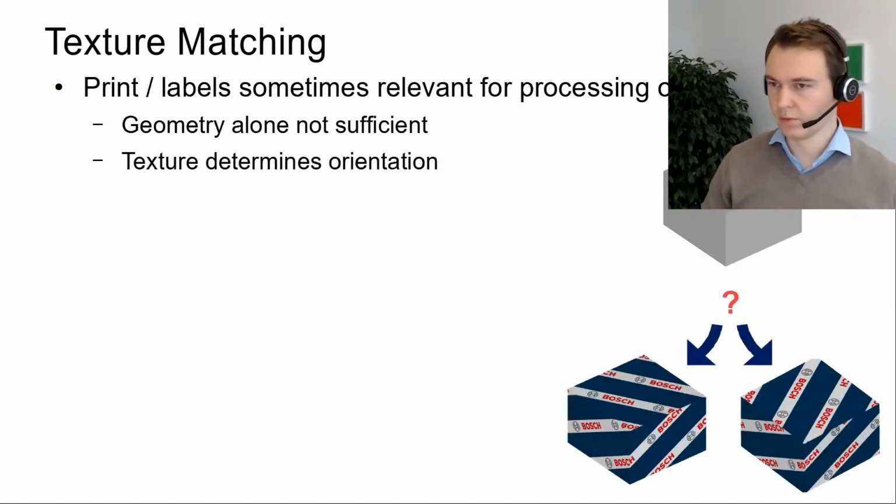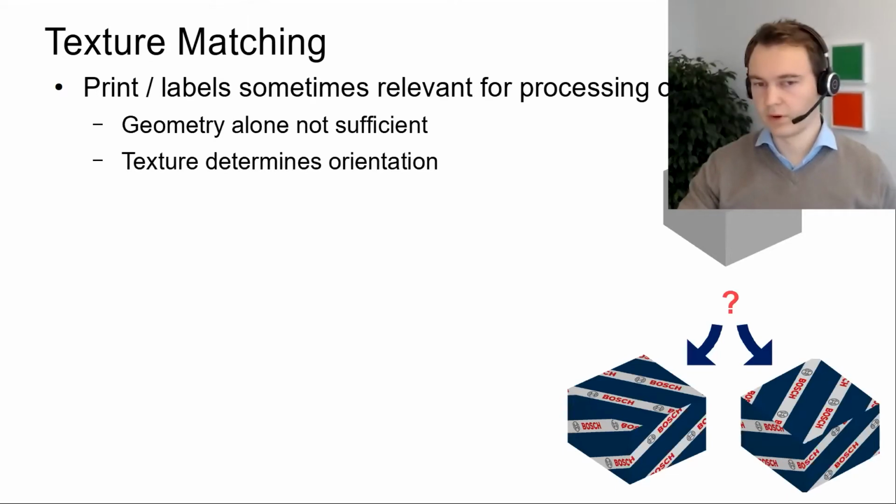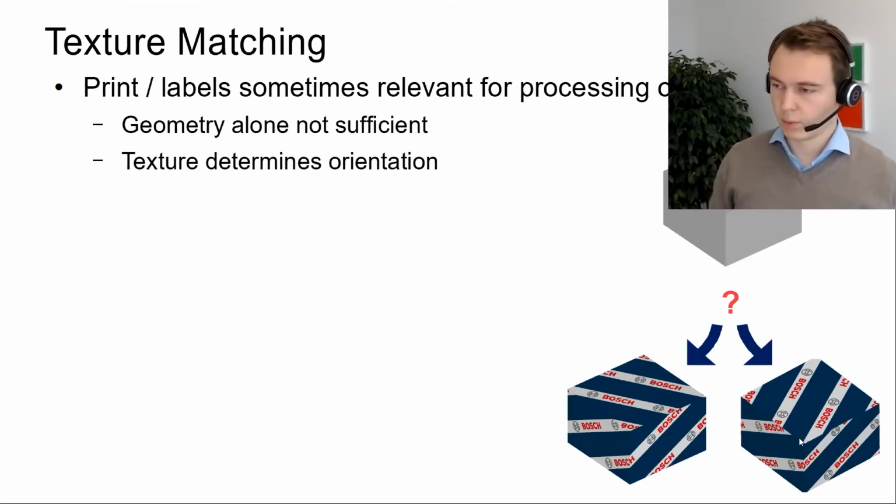If you look at this example, we have this box with equal side lengths here. If you locate this using pure 3D data, you will not be able to distinguish this orientation here with stripes along that way from this orientation. So you will get either the one or the other, but the scores for both variants will be very good.